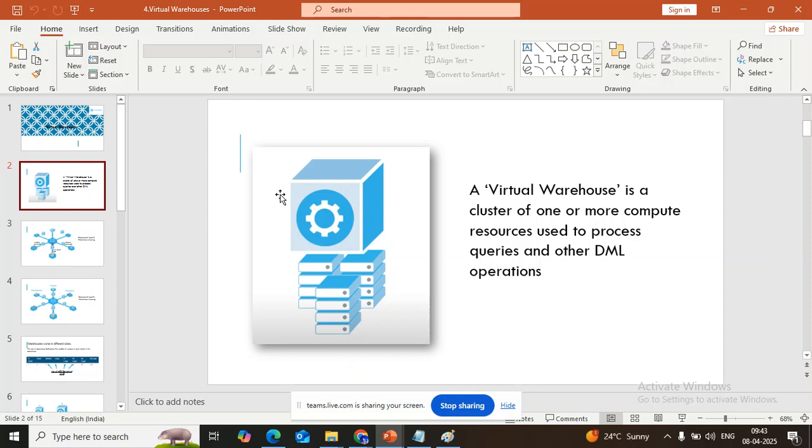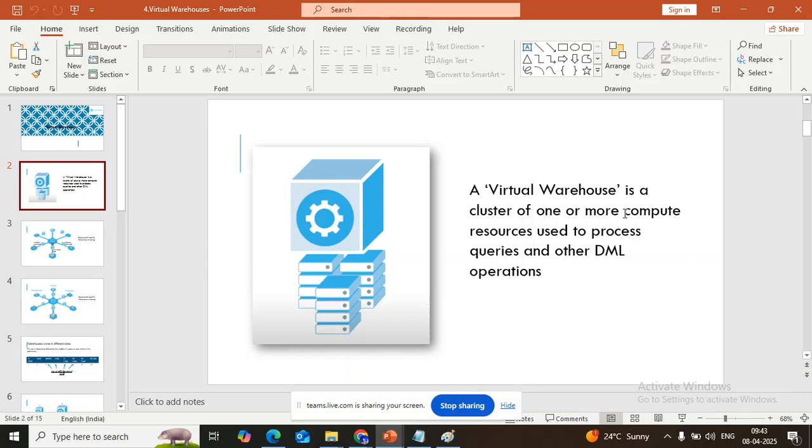And what is a virtual warehouse? A virtual warehouse is a cluster of one or more compute resources. I gave you the information that CPU plus RAM is a compute resource, a combination of CPU plus a small memory in your system.